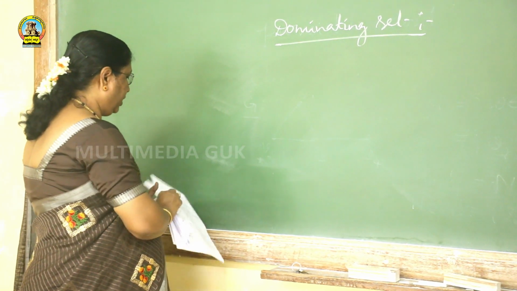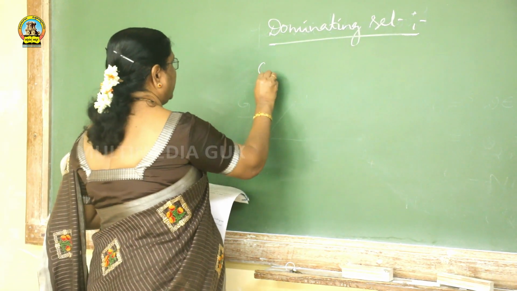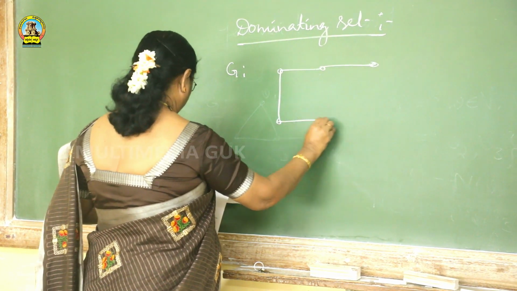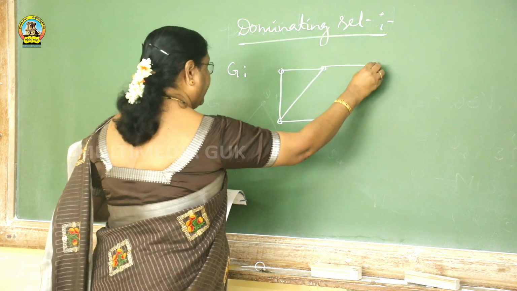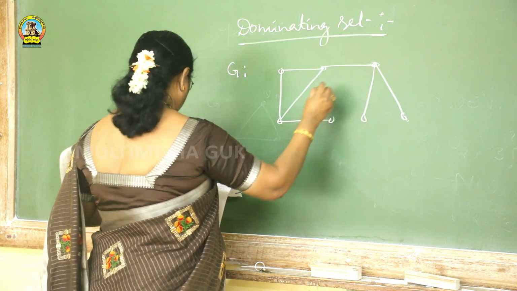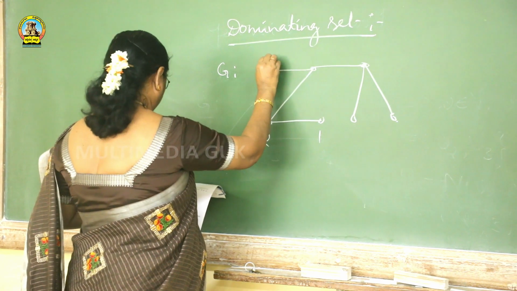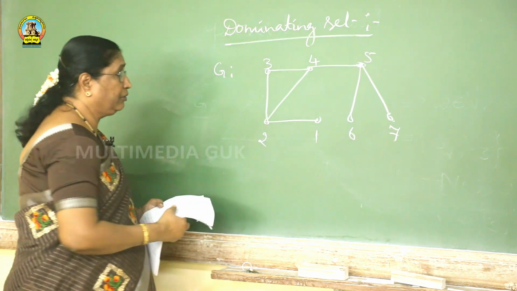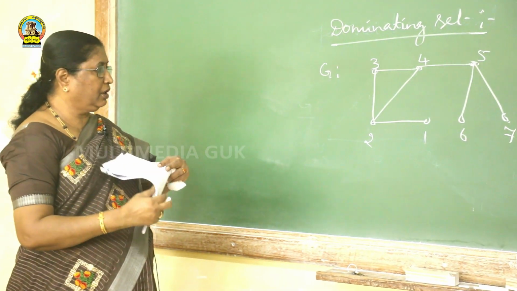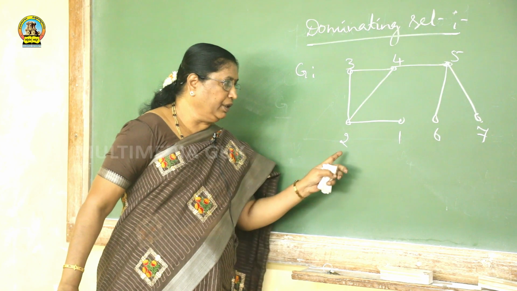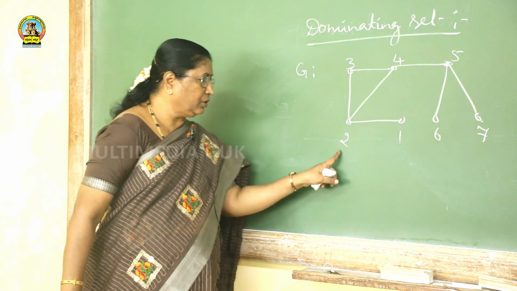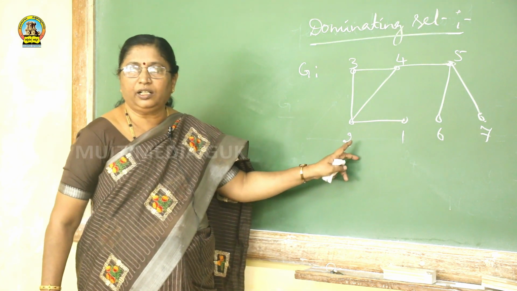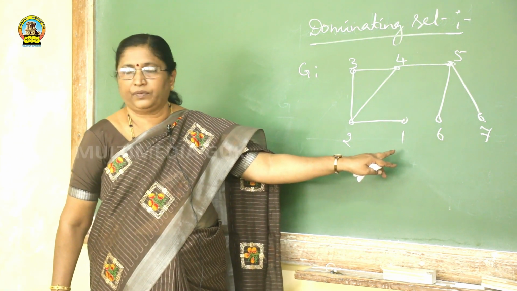Now take an example. Suppose G is the graph. Label it. Here we say that vertices 1 and 2 are adjacent, so correspondingly they dominate each other, right?